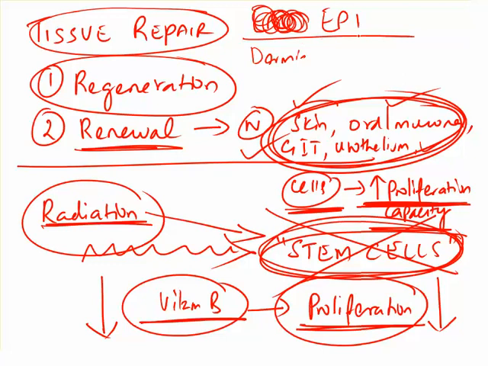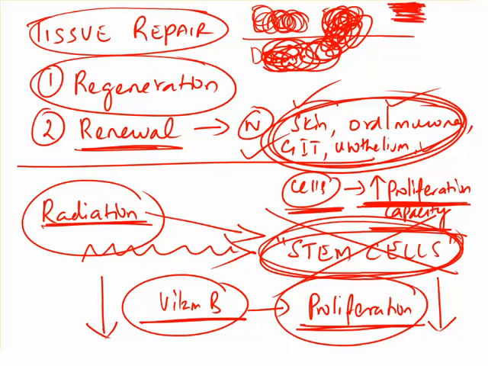Now epidermis is damaged, dermis is also damaged. The injury is deep. Now epidermis and dermis will not come back. Instead, they produce collagen. It is replaced by collagen. It is called scar. Scar formation.